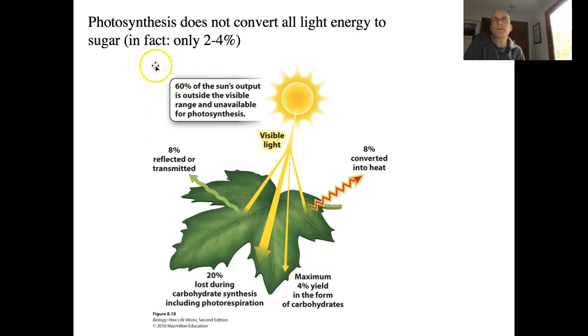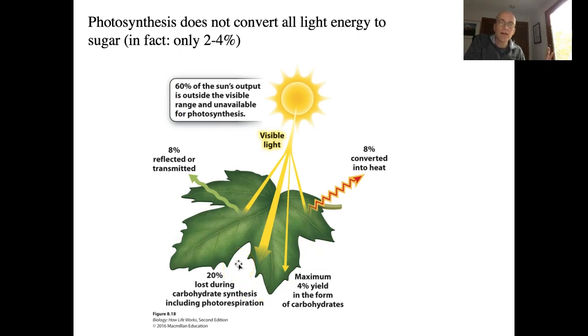So if you calculate out the efficiency, there's all kinds of losses that occur. There's some of the losses from the energy that is converted to heat. There is 60% of the sun's output that is actually not within the range of those wavelengths in the visible light that can even be absorbed by chlorophyll, right?